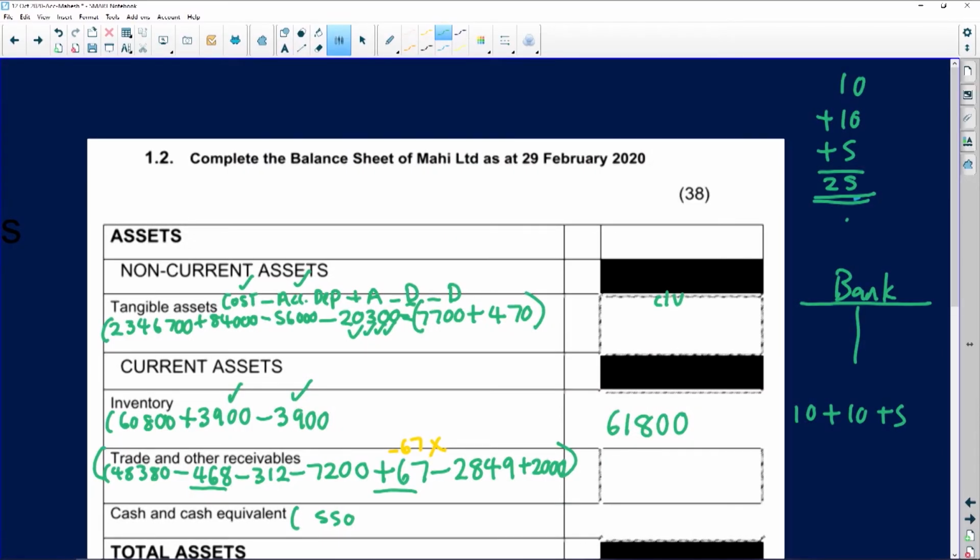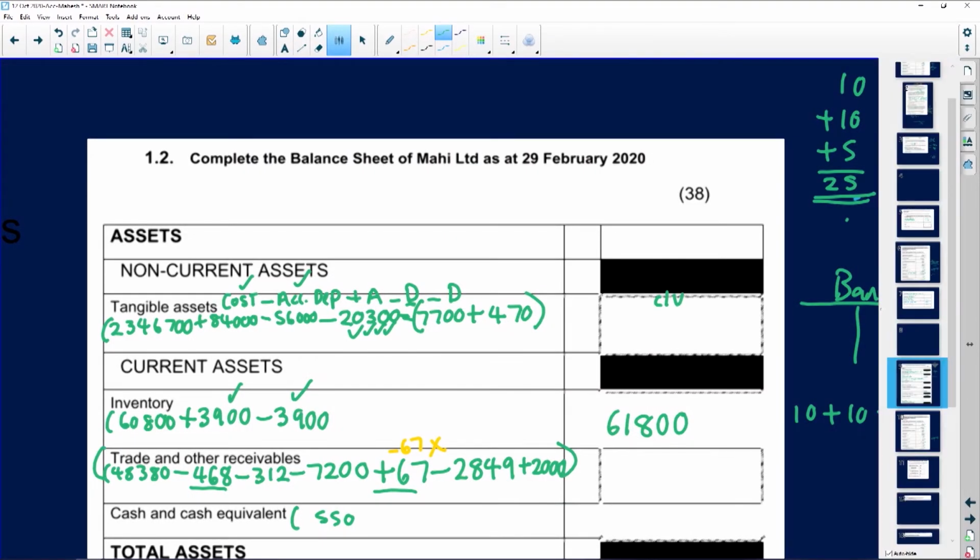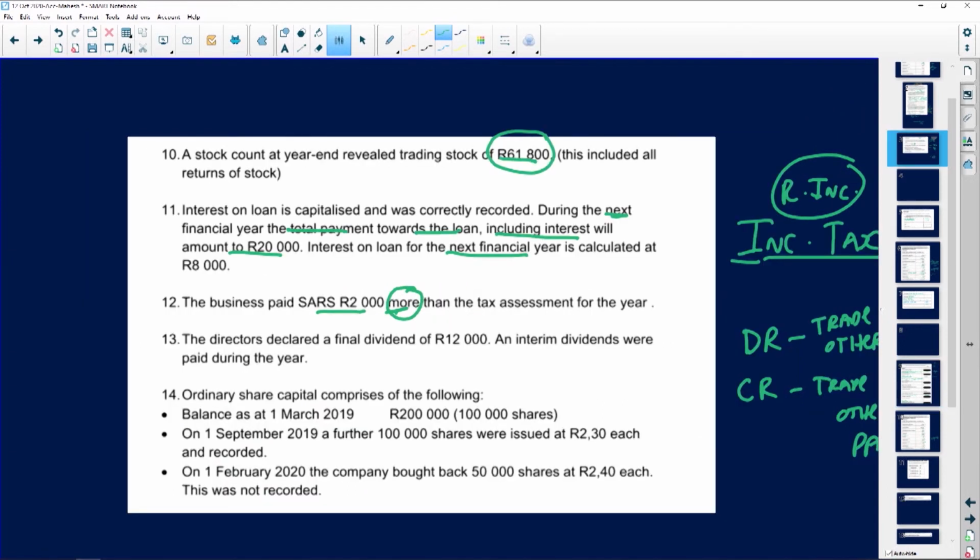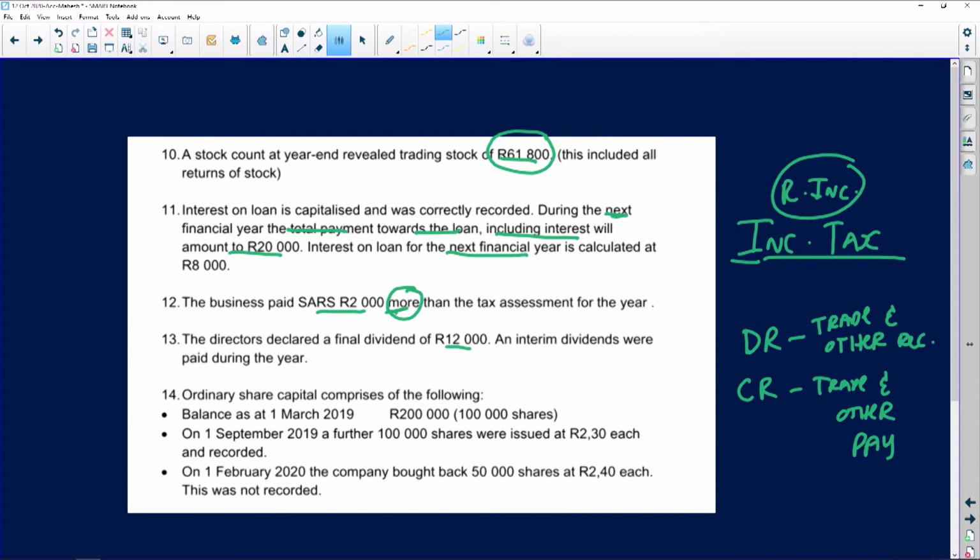Okay, right, I think we've got the last two adjustments to discuss, and then we can move on to some other revision. So let's now look at adjustment 13. The directors declared a final dividend of 12,000 and interim dividends were paid during the year.